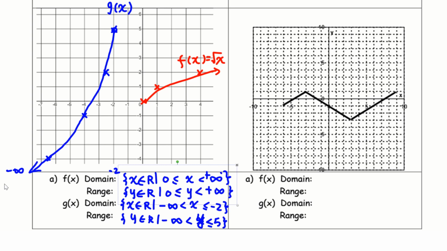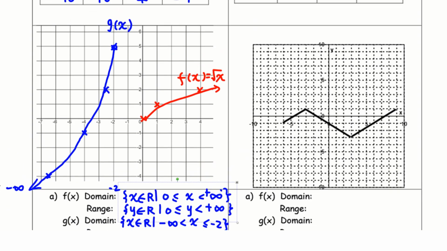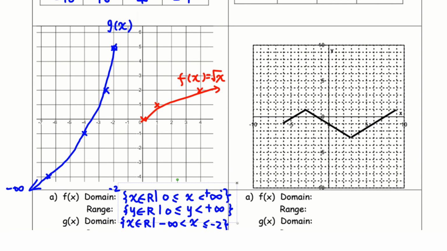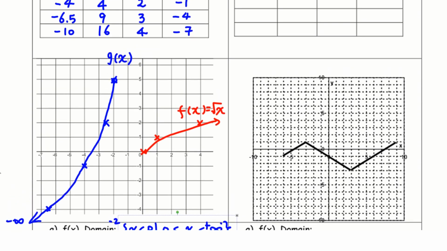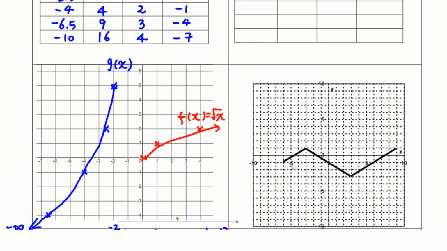So this is for the square root function after transformations. And the next one is a piecewise function, so you don't have one equation for this one. What we are going to graph is, we pick those ending points.